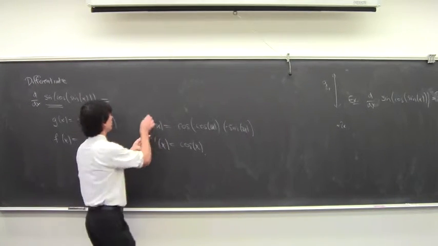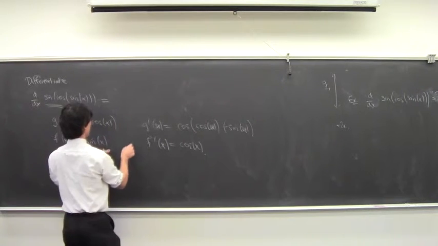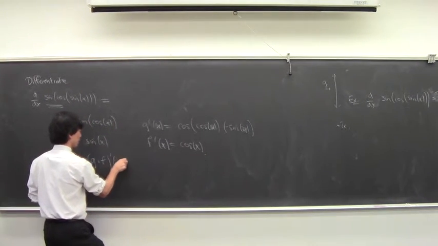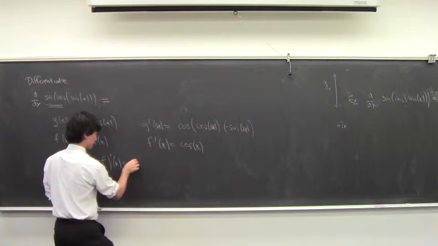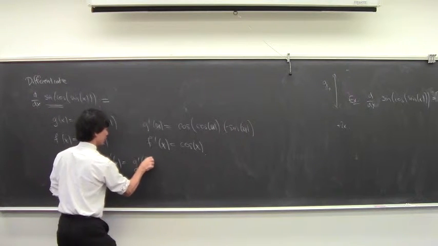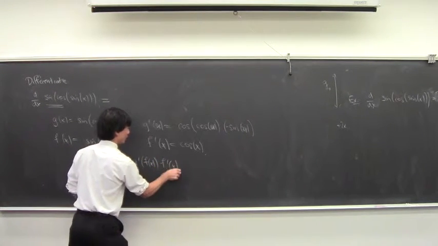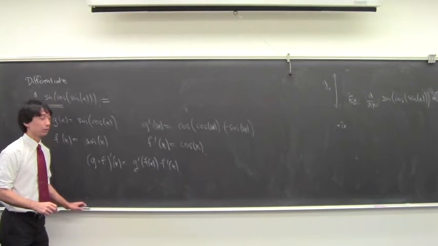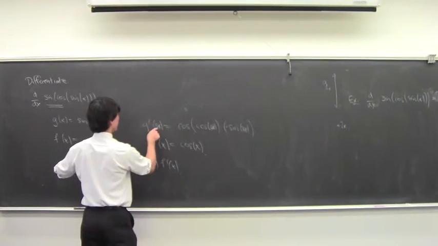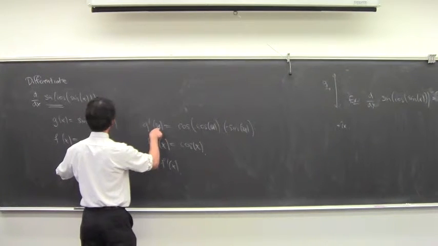So remember what we want. We want the derivative of the composition is the derivative of the outside guy evaluated at f of x times f prime of x. So you put the sine x's all where the u's are? That's right. So you say g prime of sine of x.